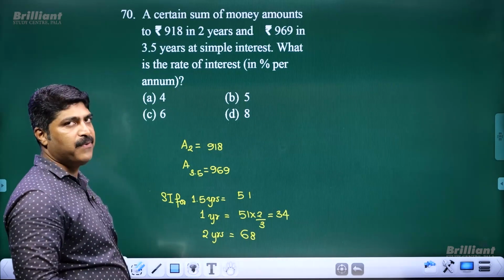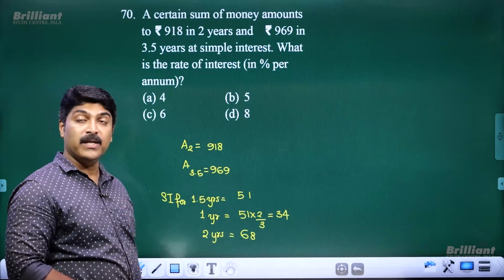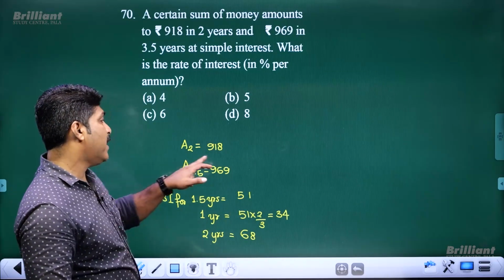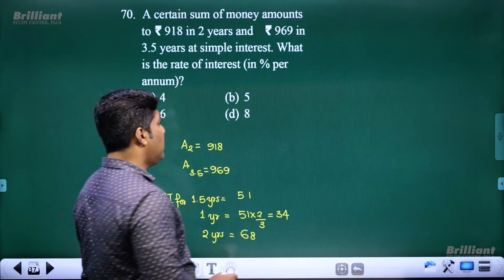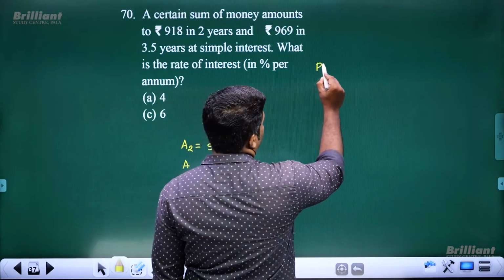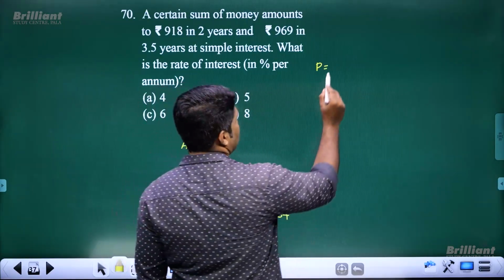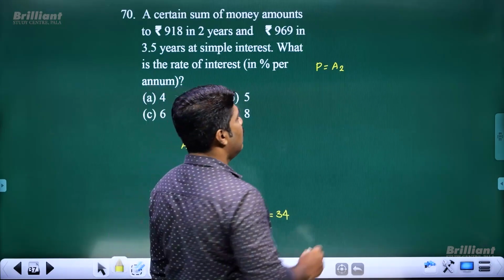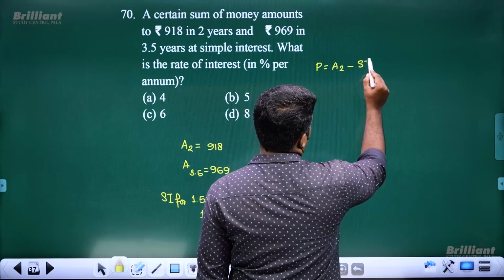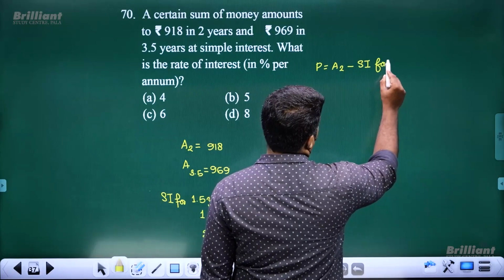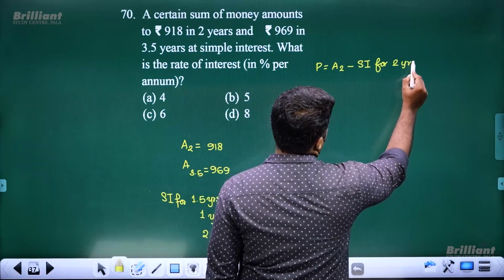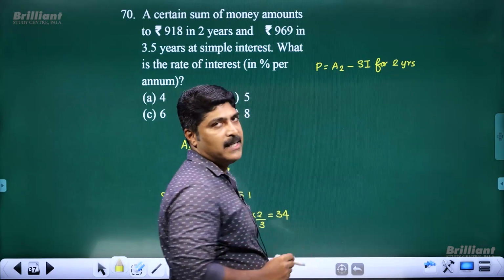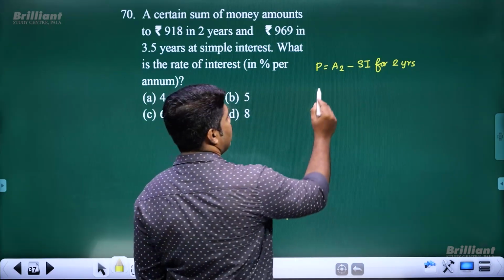For what purpose we are finding? That's 2 years, because we have to find the principal amount. If we need to find the principal amount, that is simply the amount at the end of second year minus simple interest for 2 years.